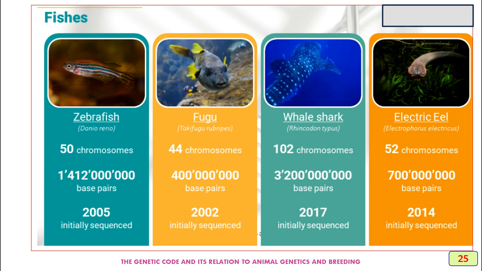So 32 crore base pairs were initially sequenced, whereas in the case of the electric jellyfish, the scientists did not leave it. Once again, it contains 52 amino acids.